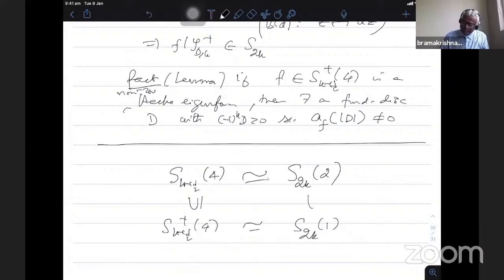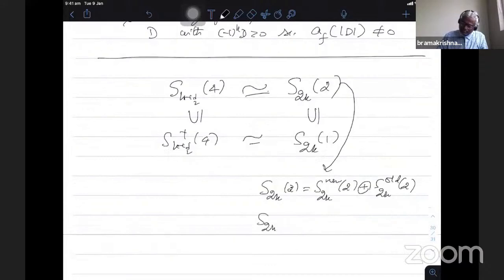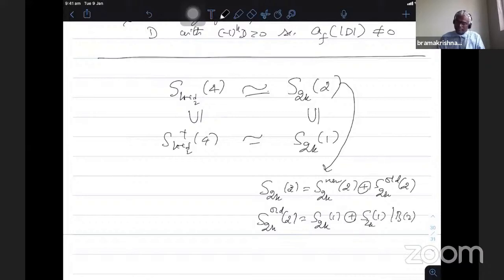It's also a subspace. In fact, S_{2k}(2) is decomposed as S_{2k}^new(2) and the old class, where the old class S_{2k}^old(2) is S_{2k}(1) direct sum S_{2k}(1) bar the duplication operator B_2. So this plus space is mapped to one part of the decomposition.